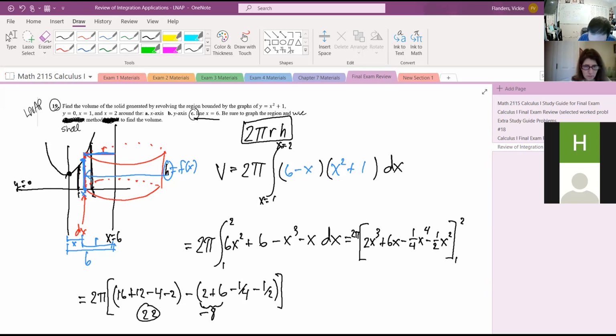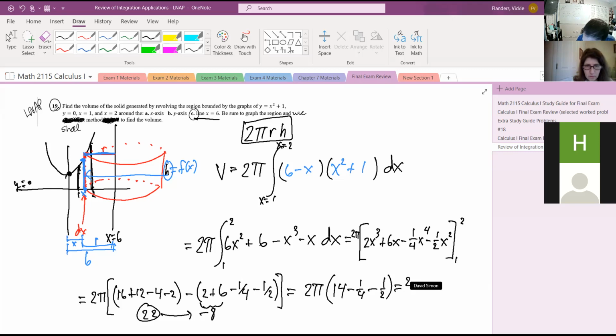So the 22 minus 8. So far, I've got 2 pi times, hang on, 14, right? 22 minus 8. And then minus 1/4 minus 1/2. What I'm going to do is pull a 1/4 out of everything here.